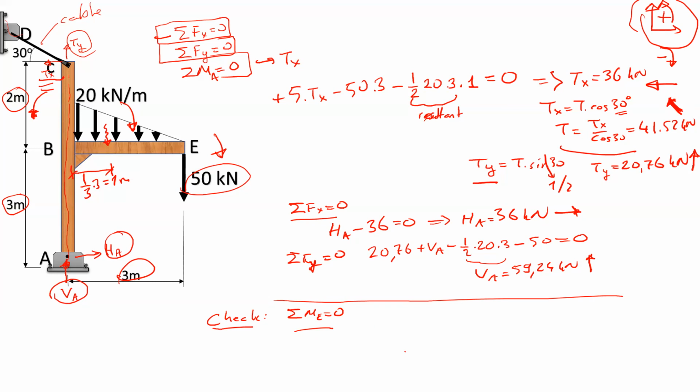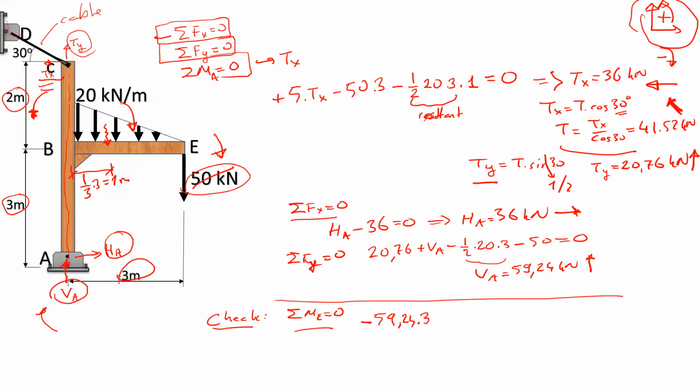We have VA, which is 59.24 times the distance between point A, which is the application point of the force VA, and point E, which equals 3 meters. VA is rotating the system in the clockwise direction, so it should be a minus moment. And we have no moment contribution for 50 kilonewton load.